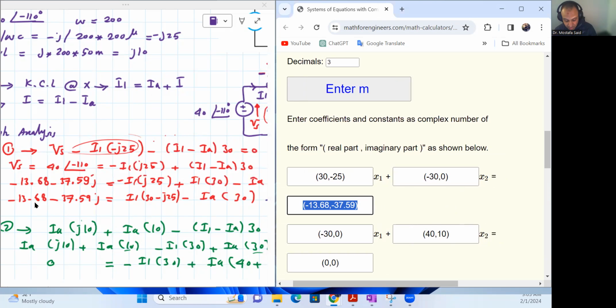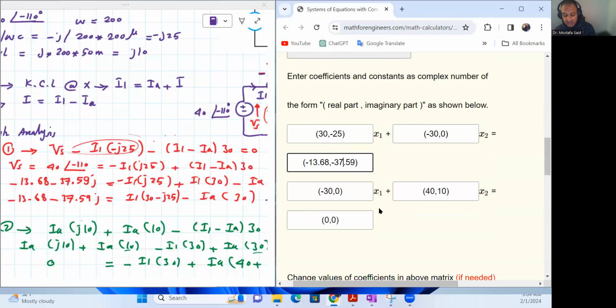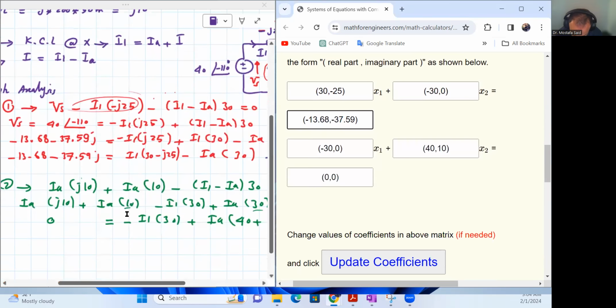That's why I converted the 40 angle minus 110 into rectangular form, because that website needs the rectangular form. So the real part is minus 13.68, and the imaginary part is minus 37.59. That's the first equation.